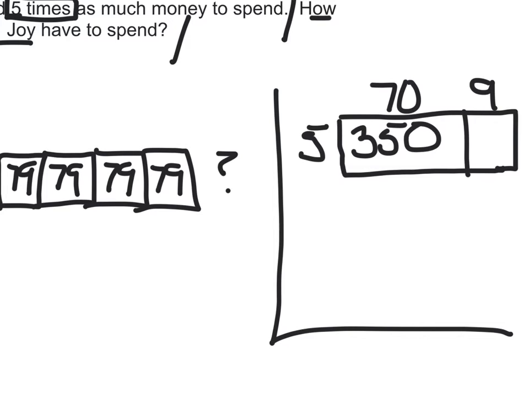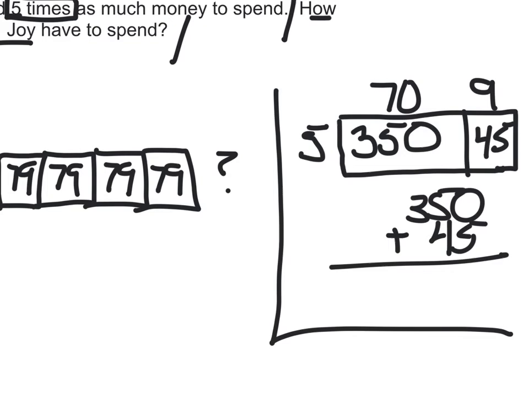With our 0, 350. 9 times 5, 45. Then we can add the 2 together to quickly get how much Mrs. Joy had to spend. So now we can answer our question.